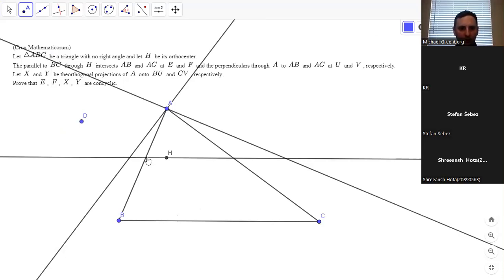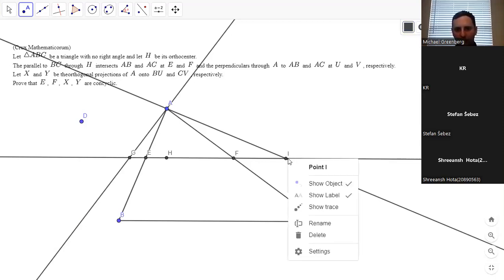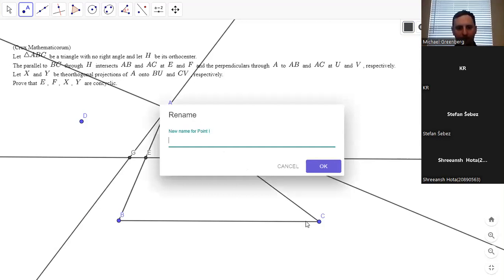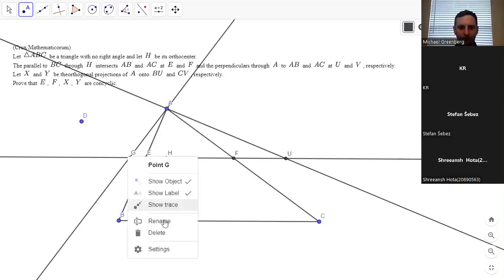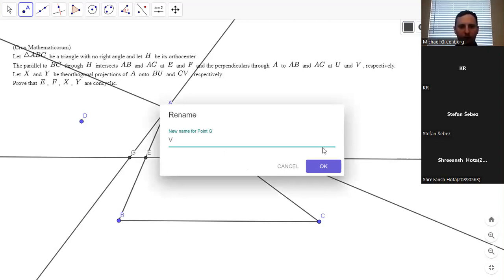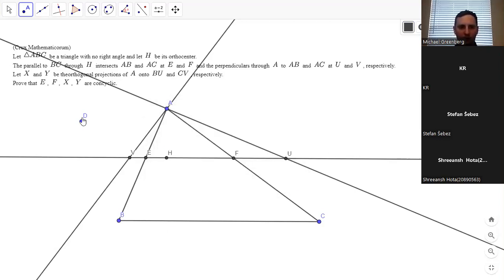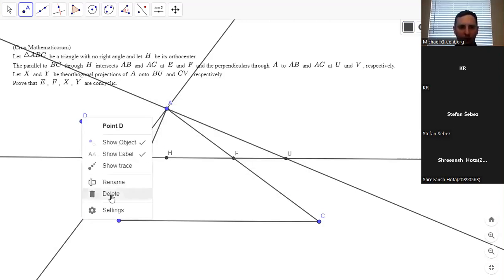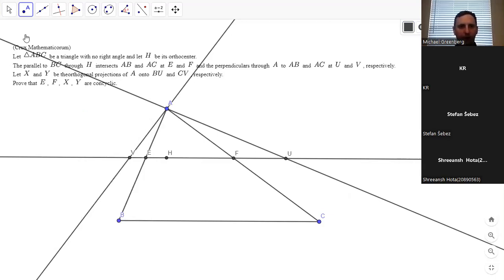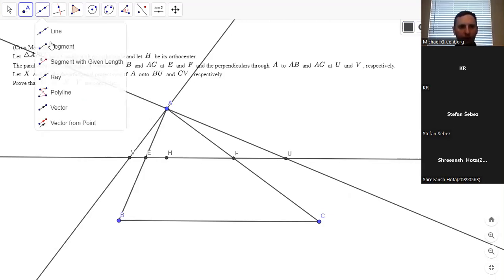So this should be E, F. And these should be U and V. So I'll make this U and V. And then we project A onto BU and CV.